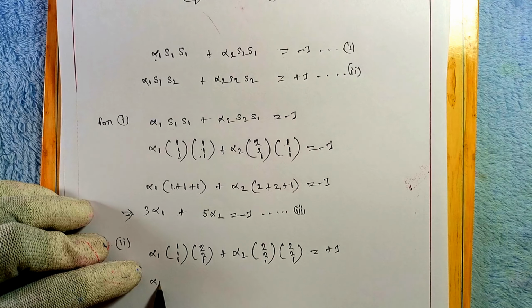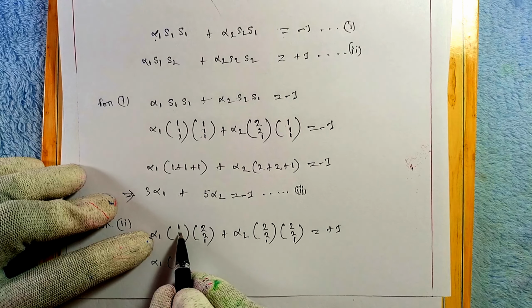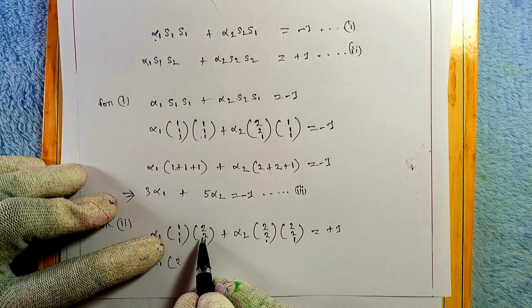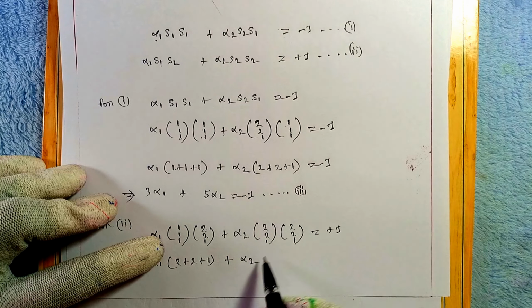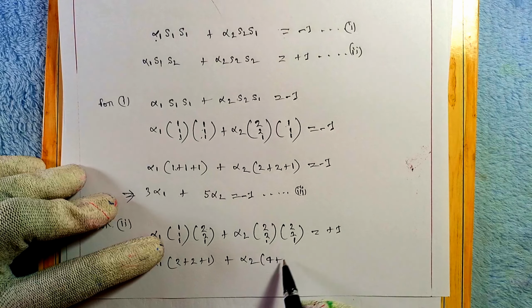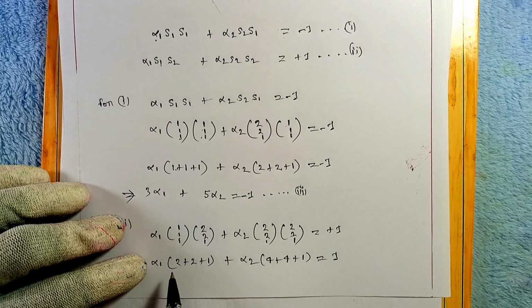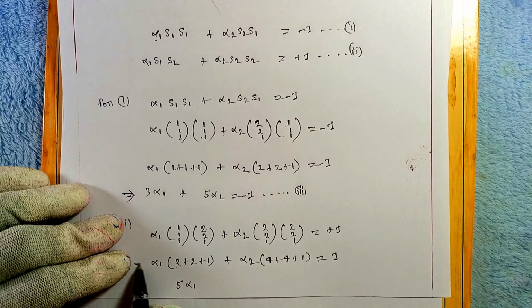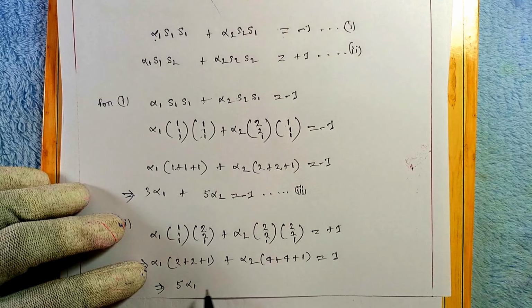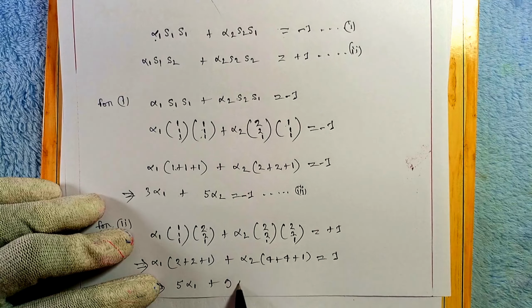So alpha 1 into (2 into 1, 2 into 1, 1) plus 1, plus alpha 2 into (2 into 2, 4, plus 1), so the value will be 5 alpha 1 plus 9 alpha 2 equal to 1.